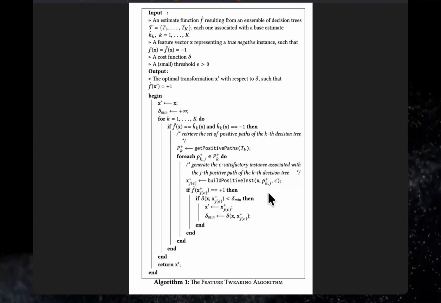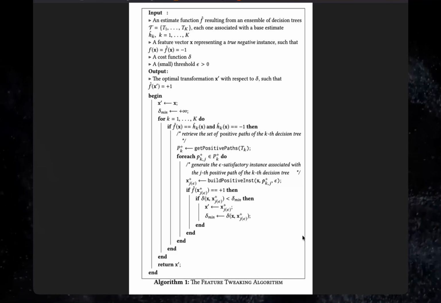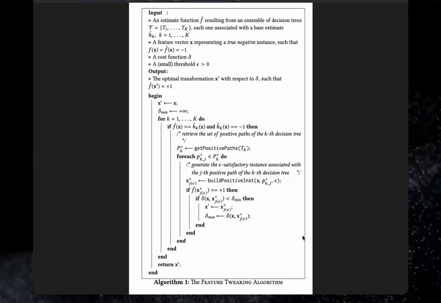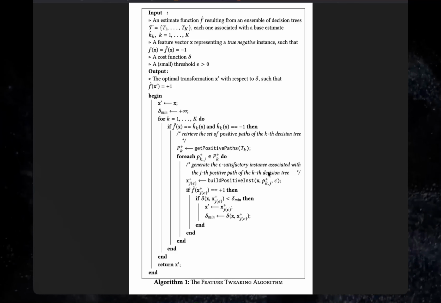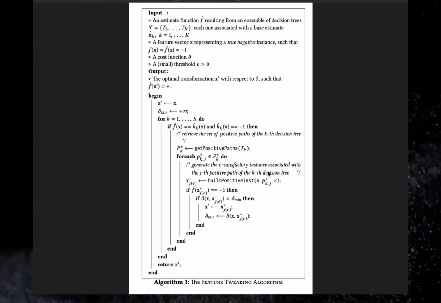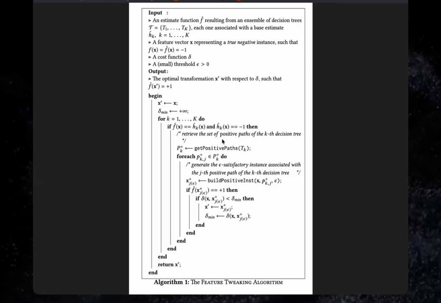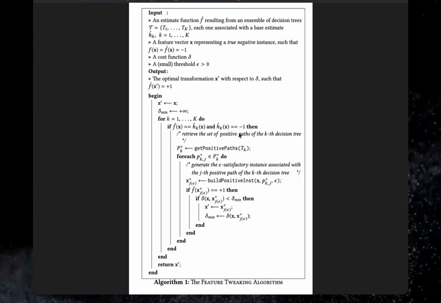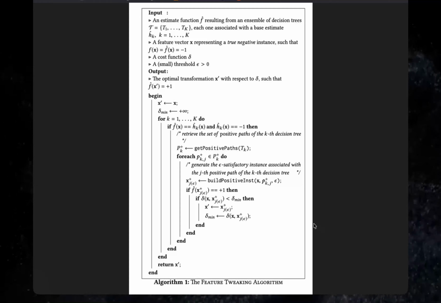So that's why they have this epsilon thing. And the other thing is you also need to then go and check and evaluate with respect to the whole global ensemble of trees as well, because there may be a scenario where just because you check the kth decision tree and you can see that it's checking the set of positive paths, you end up in a scenario where this doesn't work.